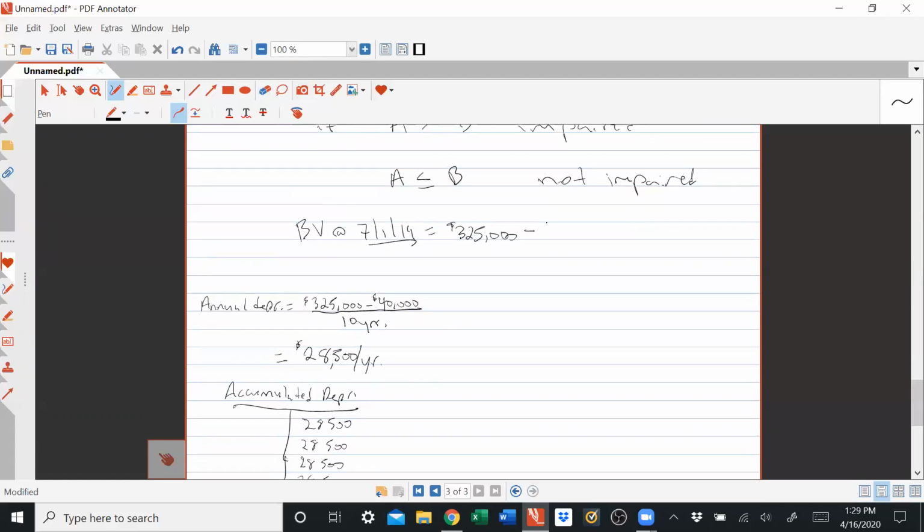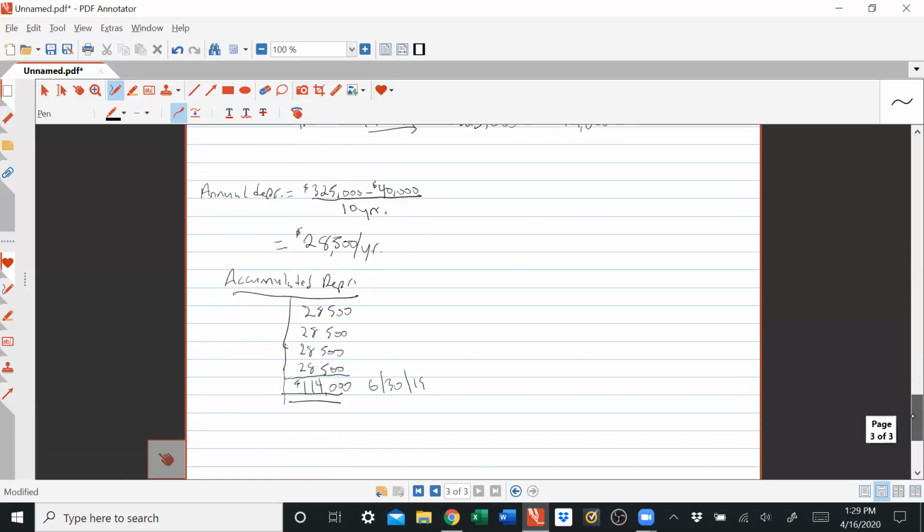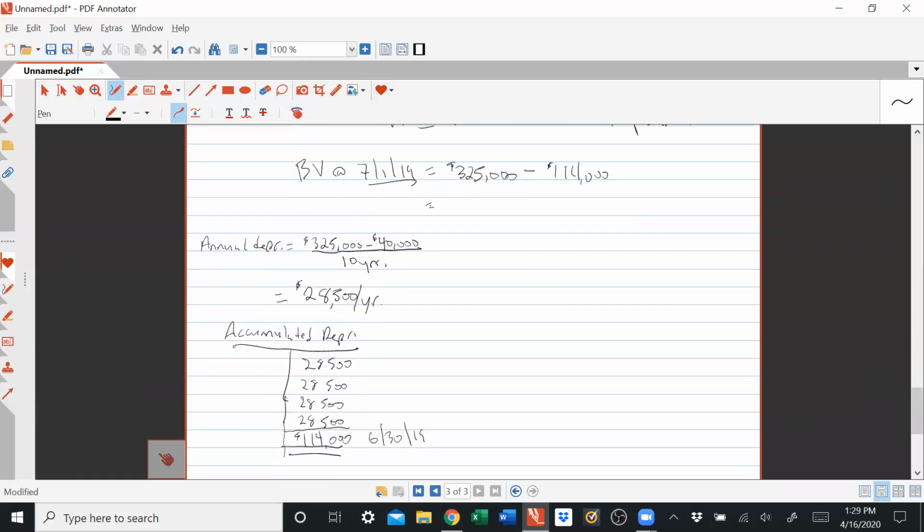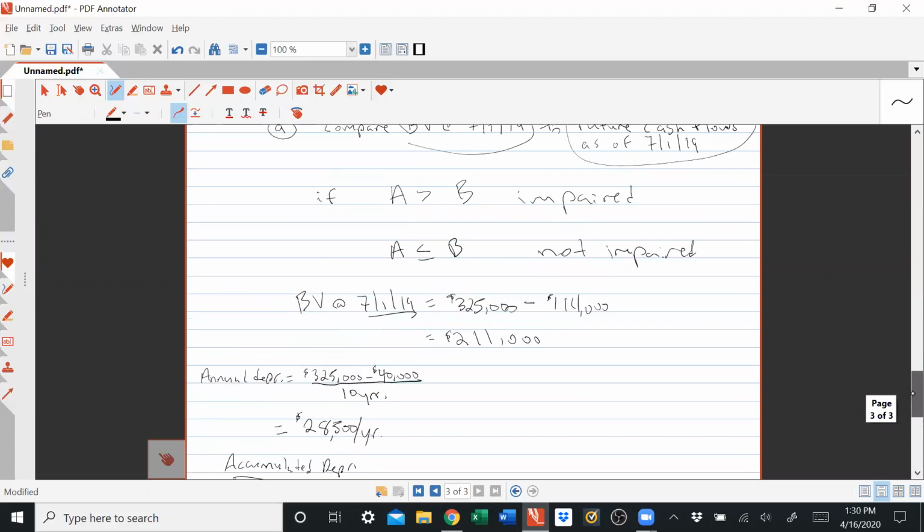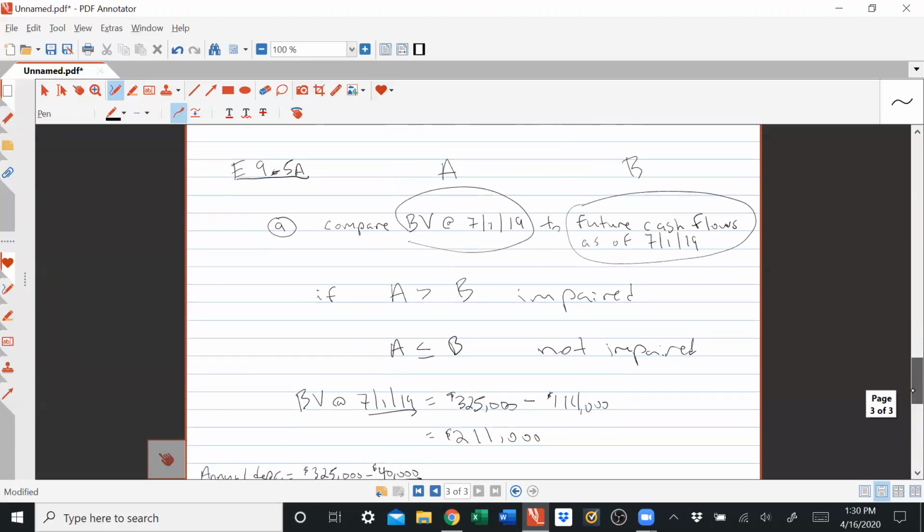Therefore, the book value is our original acquisition cost minus the 114,000. The book value as of 7/1/19 equals, what is that, 211? So A is 211.